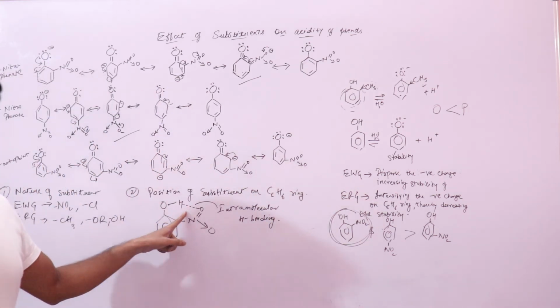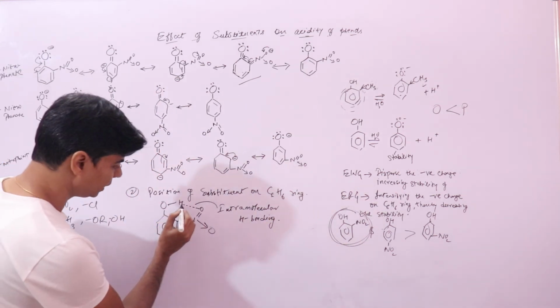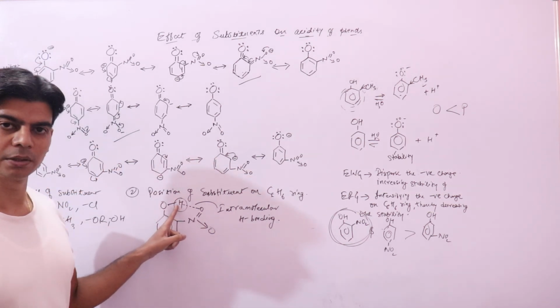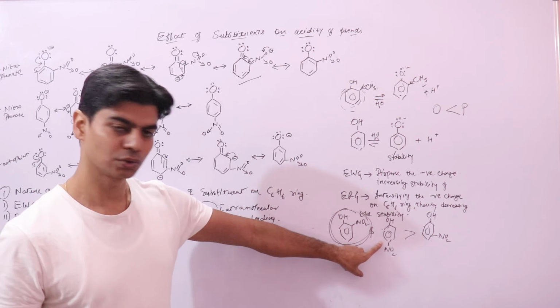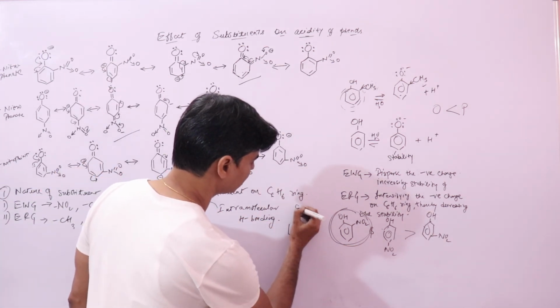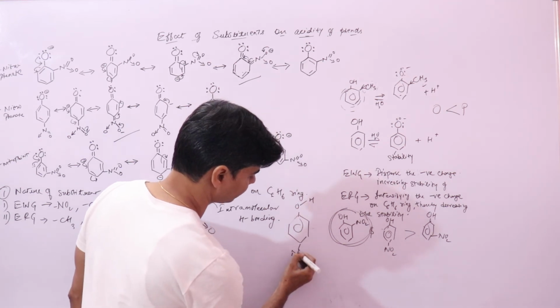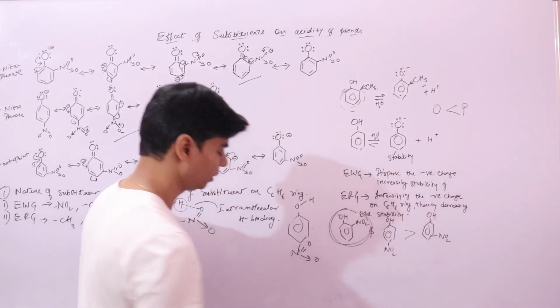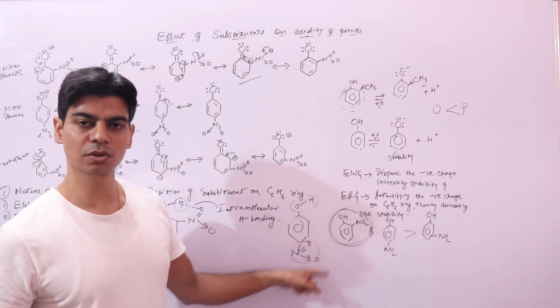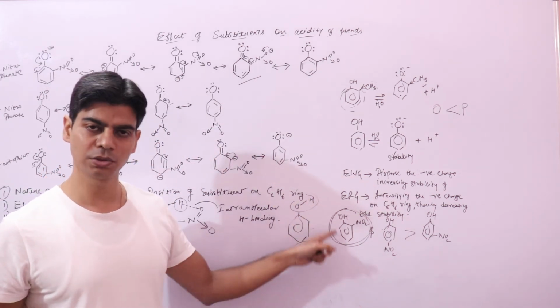Now due to this intramolecular hydrogen bonding, release of this hydrogen ion, the proton, is difficult compared to the para isomer, because in the para isomer the nitro group is far away from the phenol, so it could not make any intramolecular hydrogen bonding.